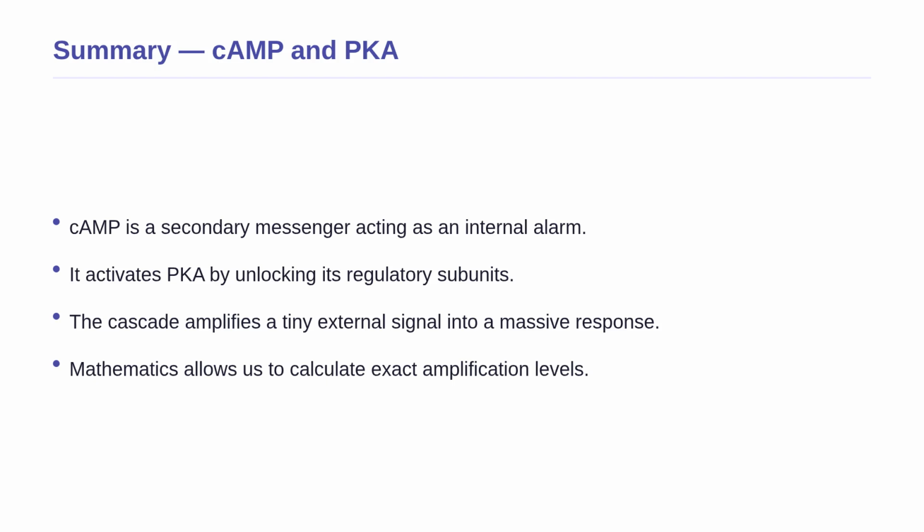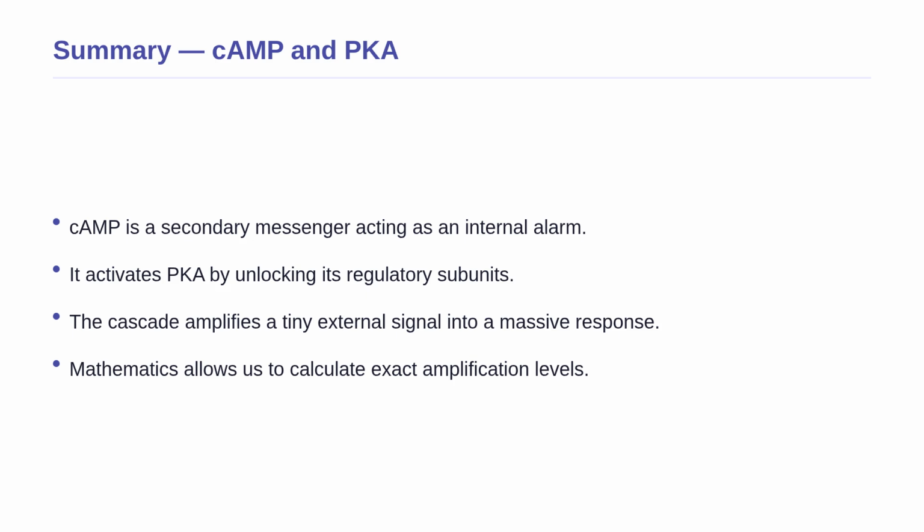We have covered a lot of ground today, so let us summarize the most important ideas. First, remember that cyclic AMP is a secondary messenger. It acts as a loud internal alarm bell that allows cells to respond to external signals without letting those signals inside. Second, cyclic AMP does its job by binding to and unlocking the regulatory subunits of protein kinase A, waking up the cellular supervisors.